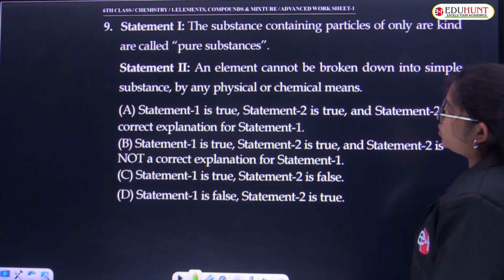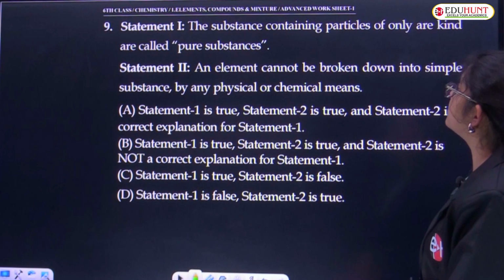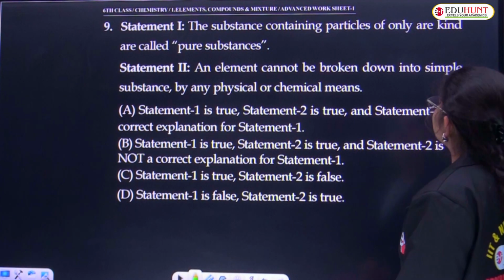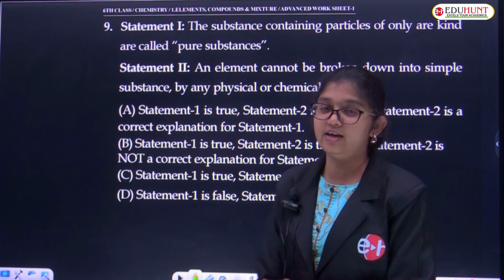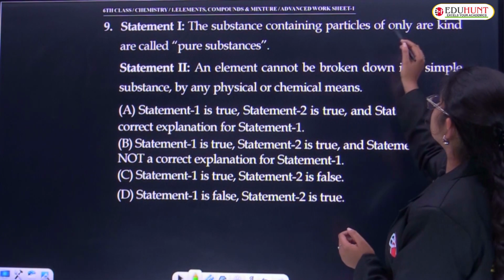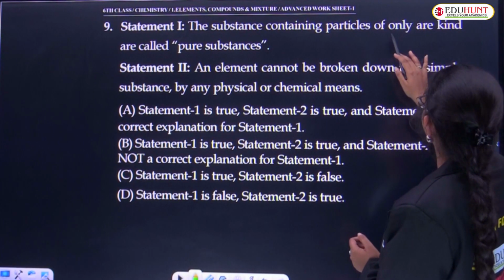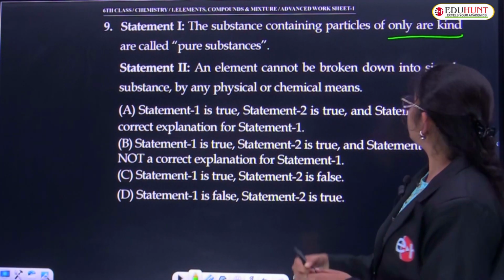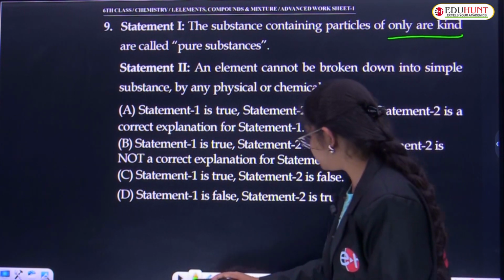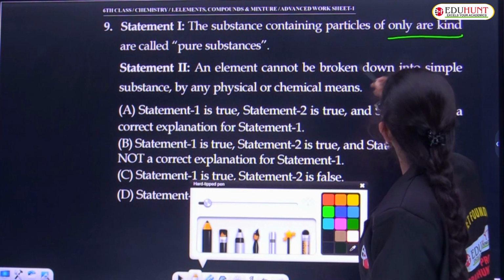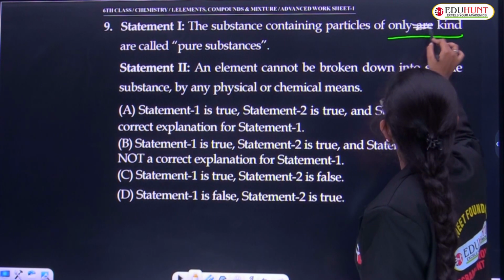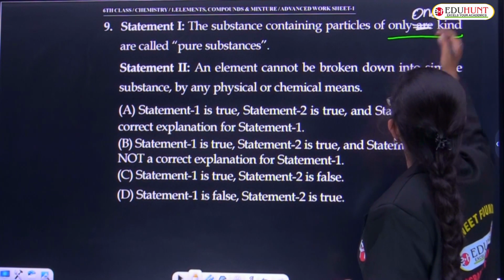Statement 1 and statement 2, the 9th question. Statement 1: The substance containing particles of only one kind is called a pure substance. Children, a small correction: here there should be the words one kind.